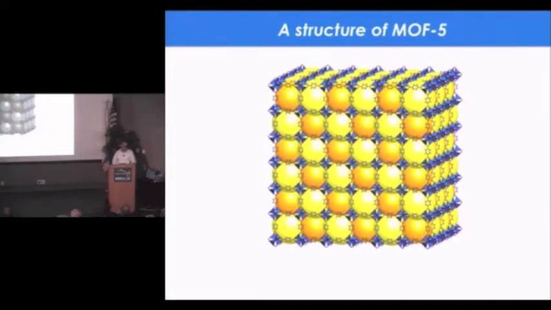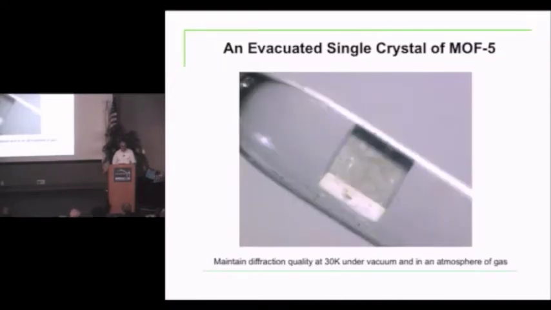When we synthesize the material, the space is filled with organic solvents. And so to fully characterize the porosity of this material, we took a single crystal of, let's say, MOF-5 in this case, and did single crystal X-ray diffraction at 30 Kelvin.